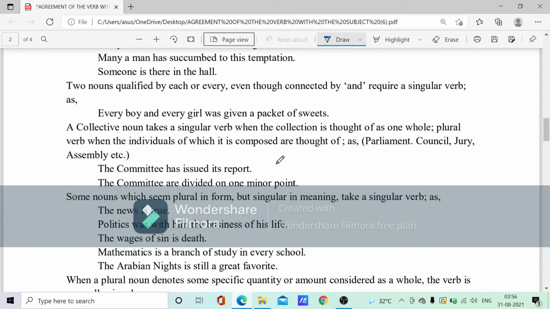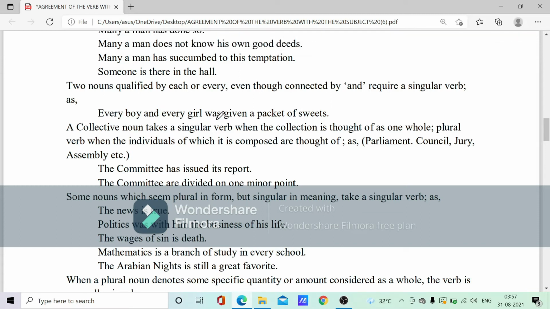And then two nouns qualified by each or every, even though connected by and, require a singular verb. Sometimes you would find each and every, or every and every, such conjoining words in a statement. Then in that case also you have to apply a singular verb. See, we have one example: every boy and every girl. That means single, right?